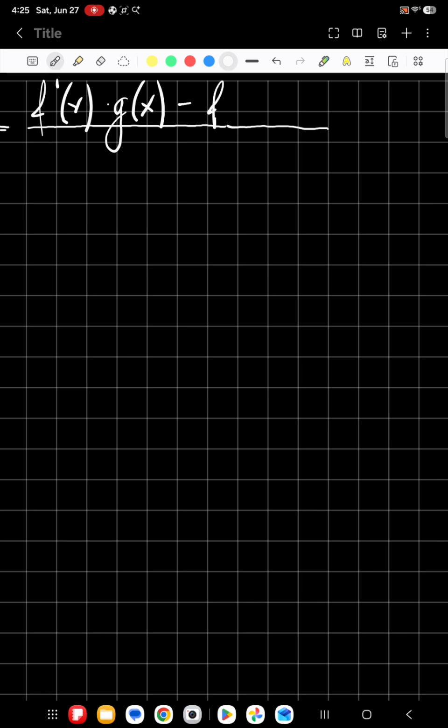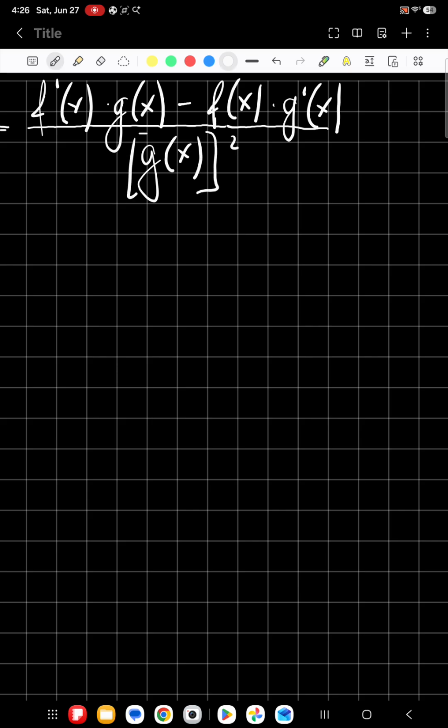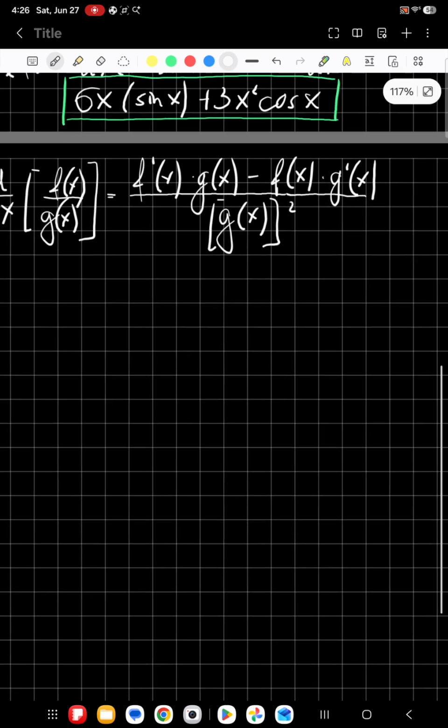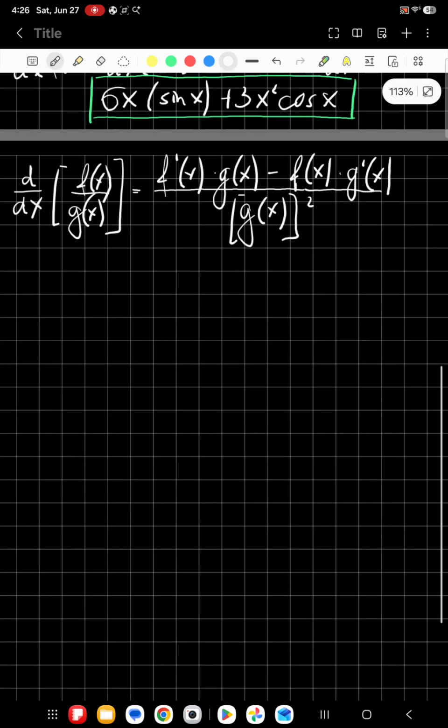And then we have f of x, not changed, times g prime of x. All right, and that is divided by g of x squared. Yeah, so that's the quotient rule.